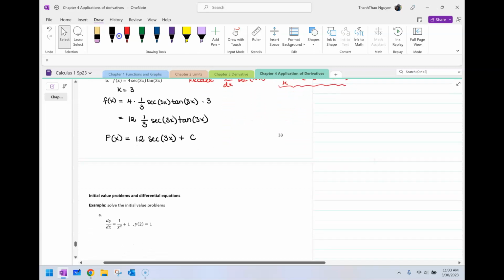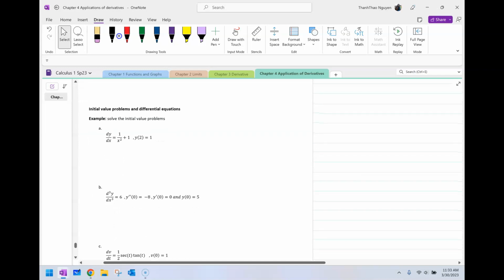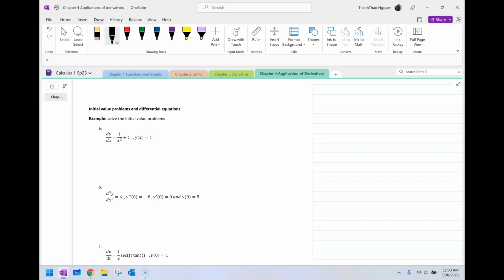We can use this to solve an initial value problem. Say we are given dy dx equals 1 over x squared plus 1, and we are told that the initial value y of 2 equals 1. Okay, so let's rewrite this. dy dx equals x to the negative 2 plus 1.